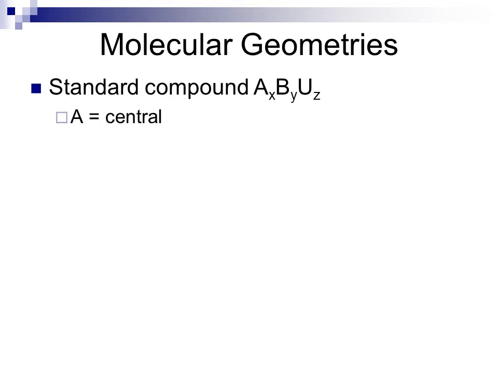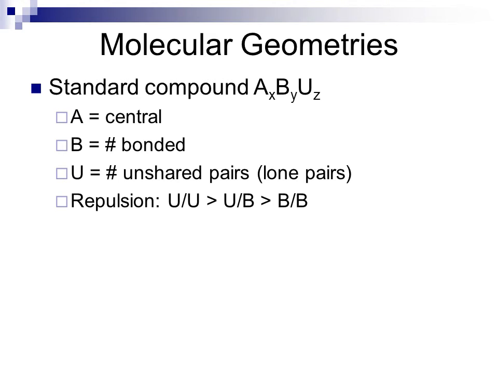A is the central atom, B is the number of bonded atoms, U is the number of unshared pairs, and the overall repulsion between the bonded atoms and the unshared pairs is that 2 unshared pairs repel each other more than any other pairing. An unshared pair and a bonding pair repel medium, and 2 bonding pairs repel the least, because of the presence of the 2 nuclei holding the electrons more in place.